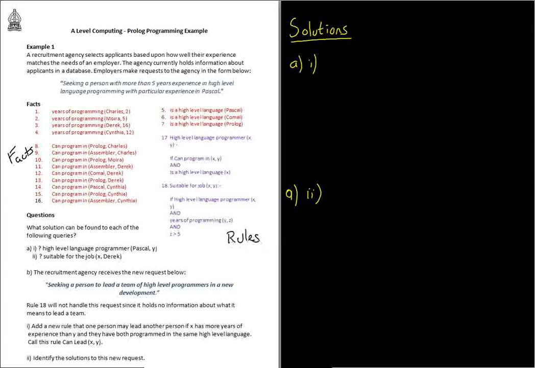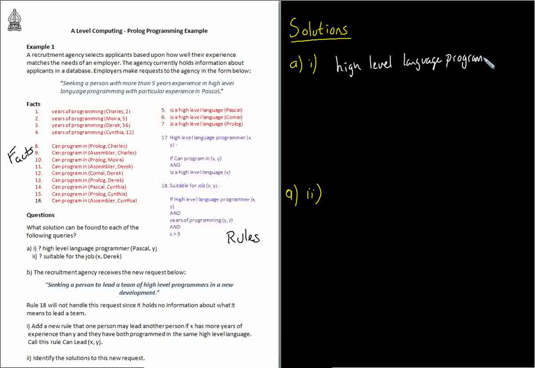Now the question says, part 1, find a solution for high-level language programmer, brackets Pascal, Y. So how would I solve that? We've got high-level language programmer, and normally that would be in the form of X, Y, because that is clause 17.